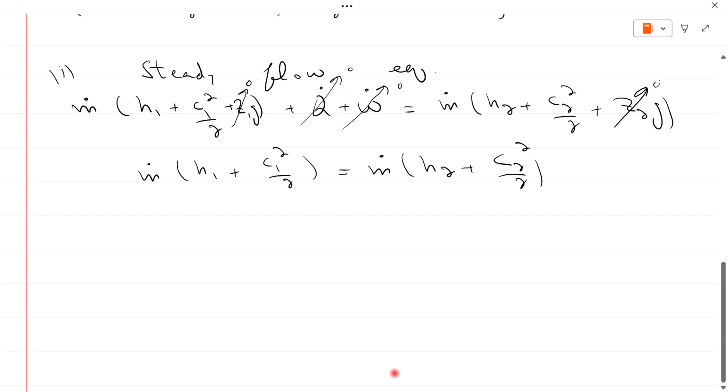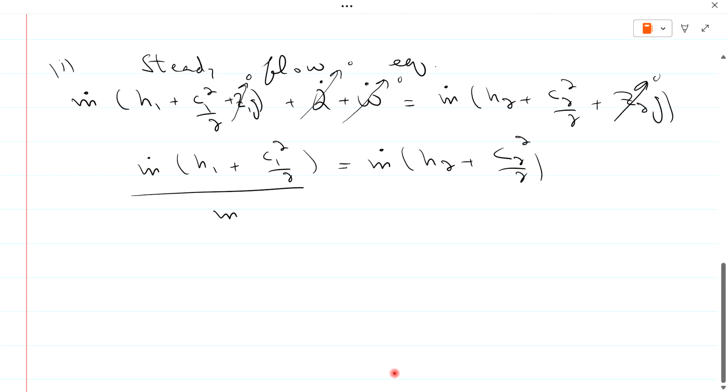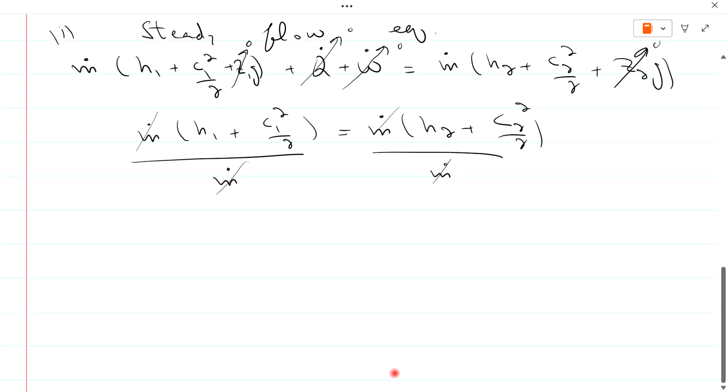Now divide both sides by m dot. The m dot cancels on both sides. So in part number 1 we have to find C2. C2 square divided by 2 is equal to H1 minus H2 plus C1 square divided by 2. So C2 square is equal to 2 into (H1 minus H2) plus C1 square.